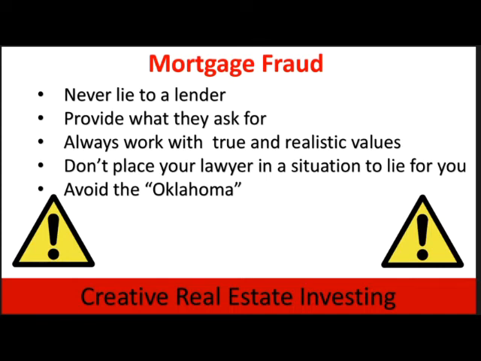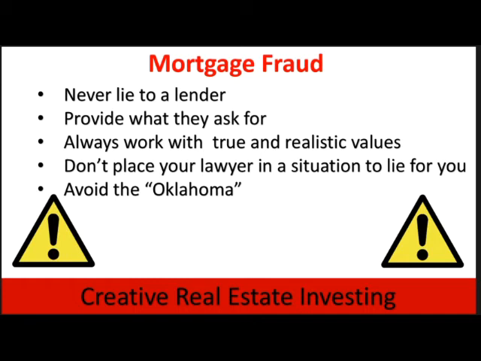You also want to avoid the Oklahoma. What the Oklahoma is, back in the day, it used to be that an investor, a banker, and an appraiser and a lawyer would all get together, maybe not the banker so much, but they would get together and they would artificially inflate the value of the property.